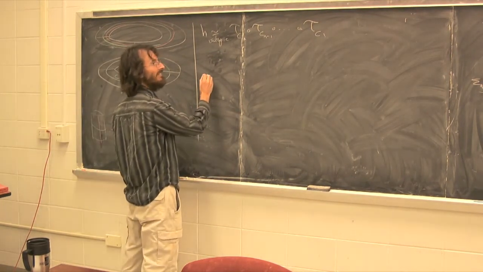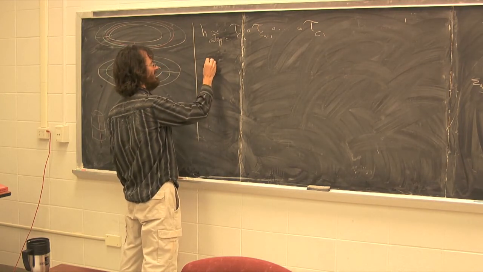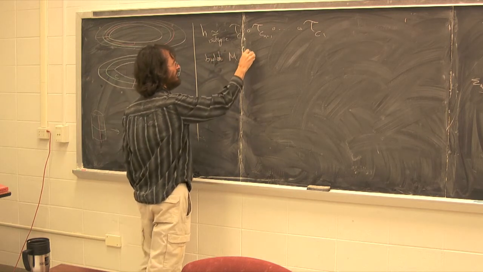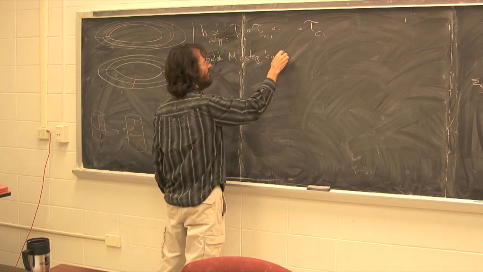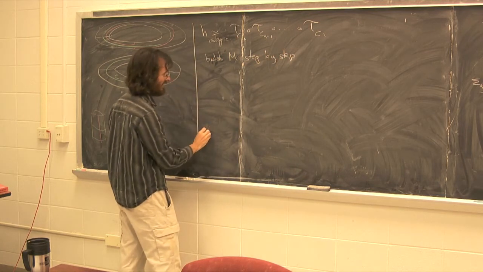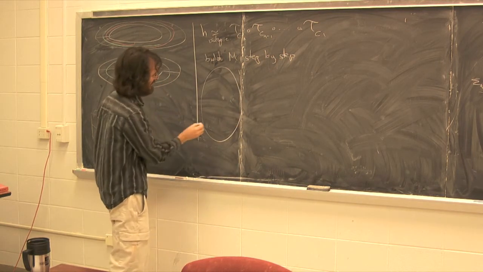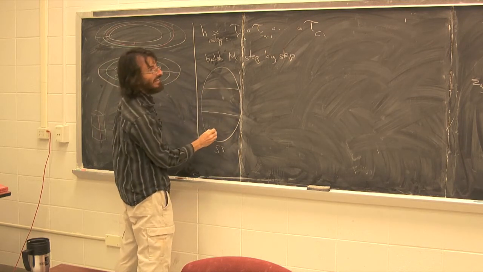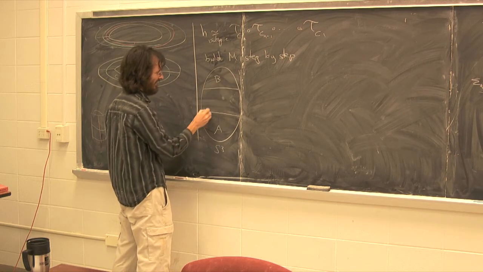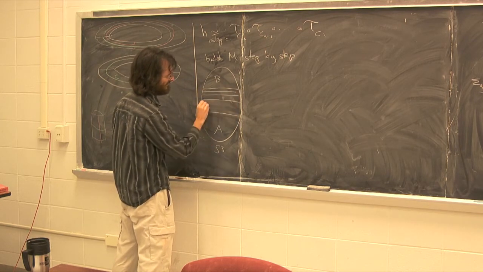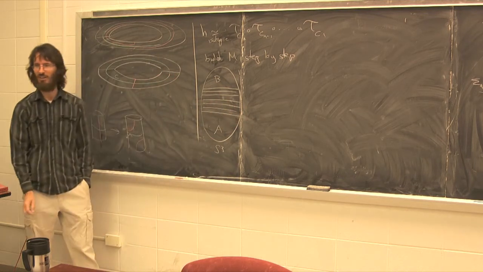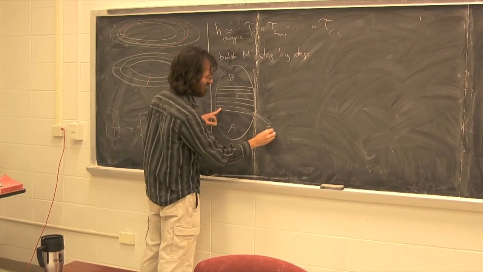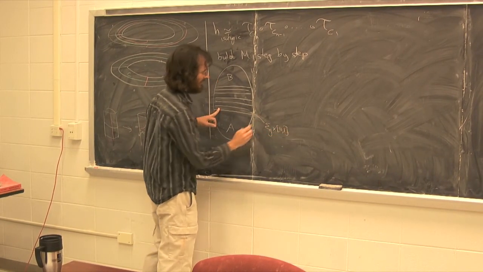I'm going to start with S3 and cut it into A and B, and then here I'm going to make a whole lot of slices, except I'm only going to slice across them one at a time. Each of these slices is sigma g cross [0,1], and there are n of them.